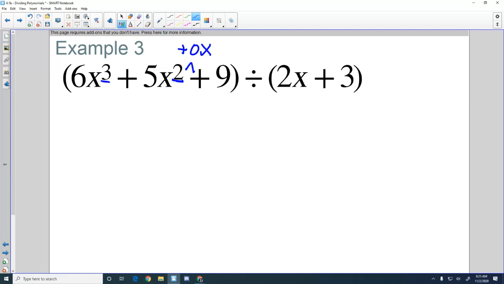If you do this right, there should be no remainder. Spoiler alert. That's a good feeling, right? It's tough keeping track of everything, right?